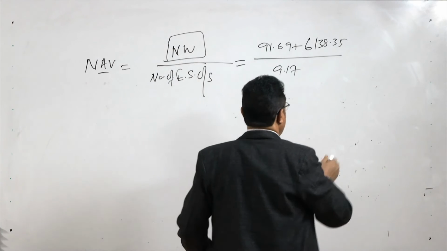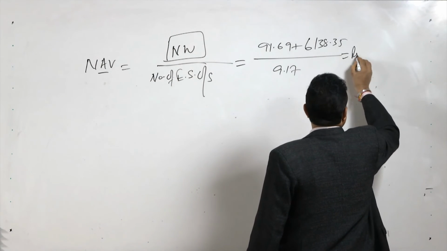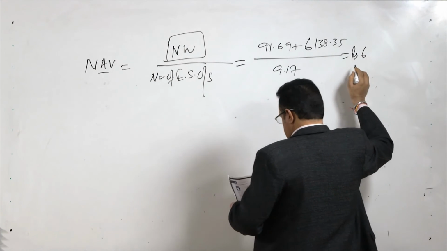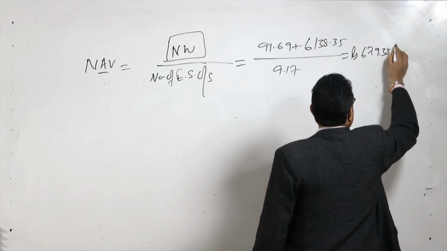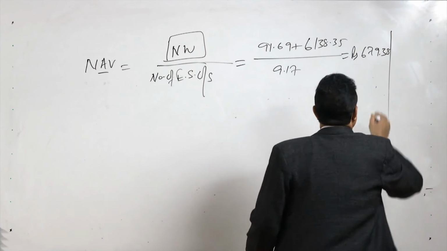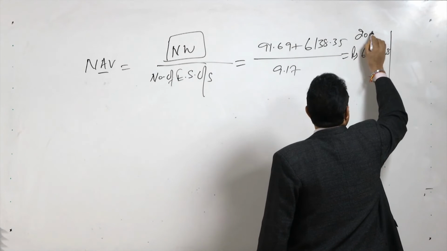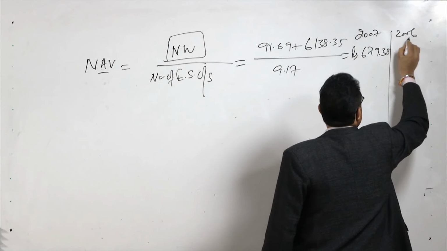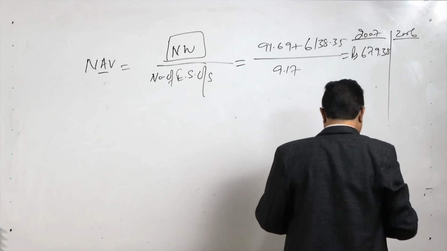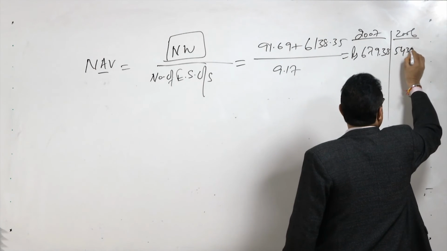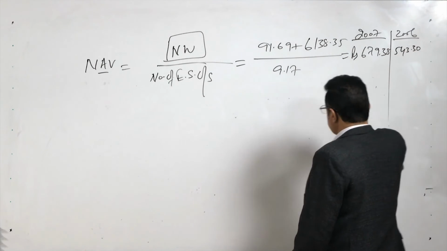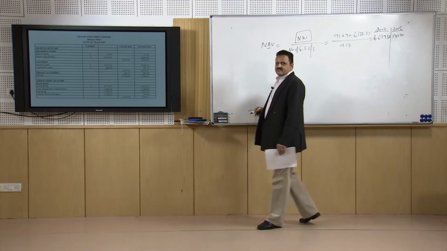So if you calculate the net asset value ratio, it is 679.38 rupees for this year, for the year 2007, and for the year 2006 this ratio is 543.30.